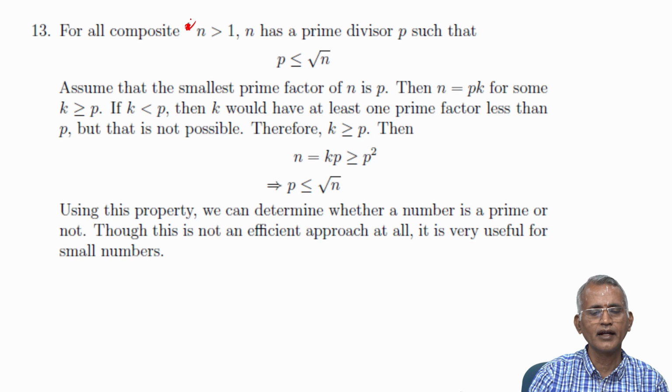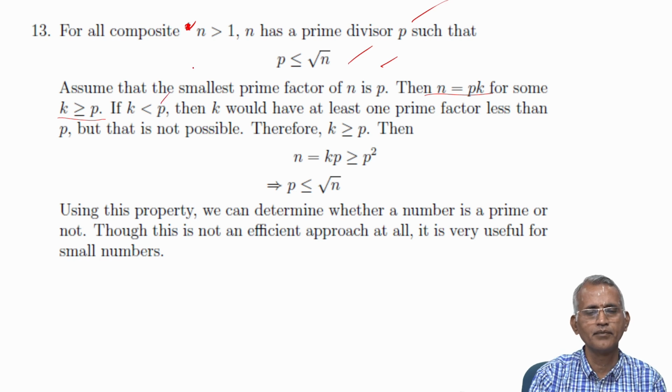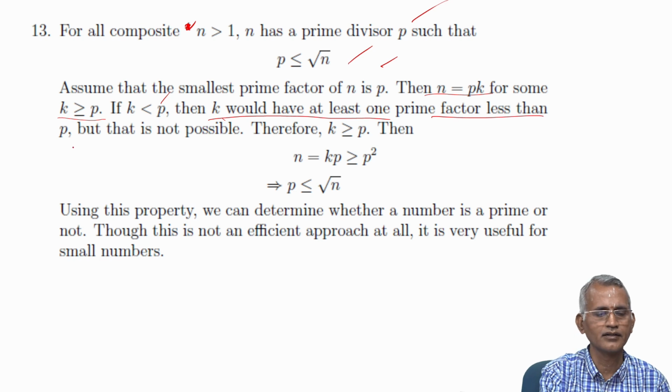For all composite n greater than 1, n has a prime divisor P such that P is less than or equal to root n. Assume that the smallest prime factor of n is P, then n equals Pk for some k greater than or equal to P. If k is less than P, then k would have at least one prime factor less than P, but that is not possible.